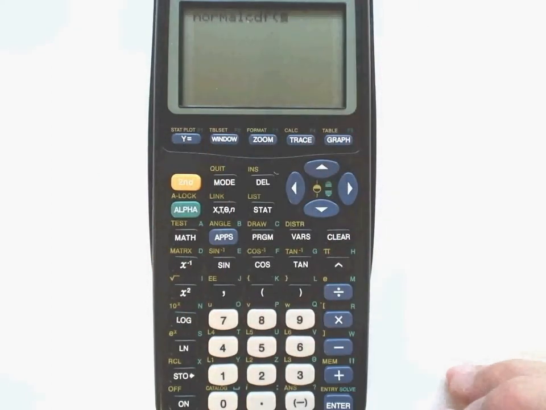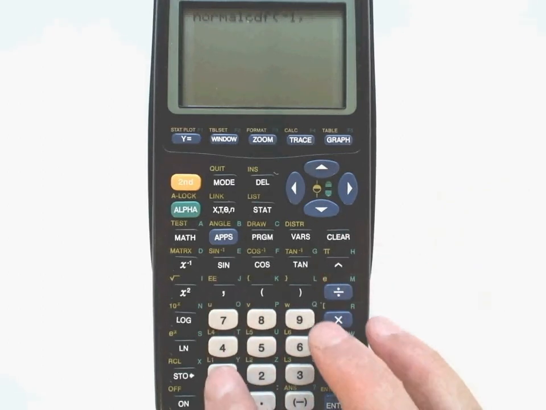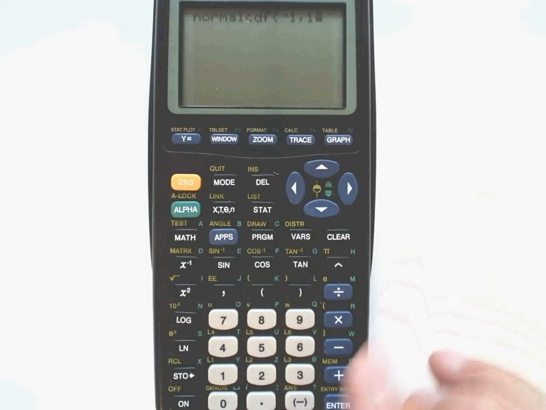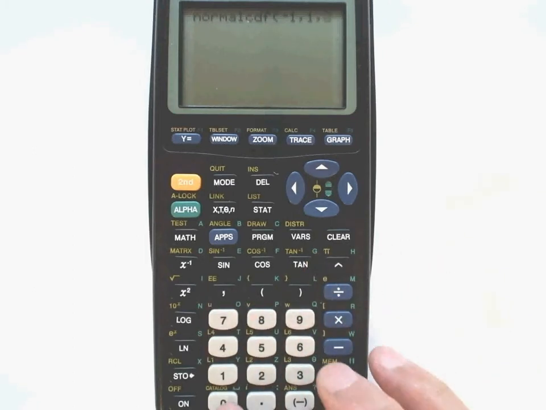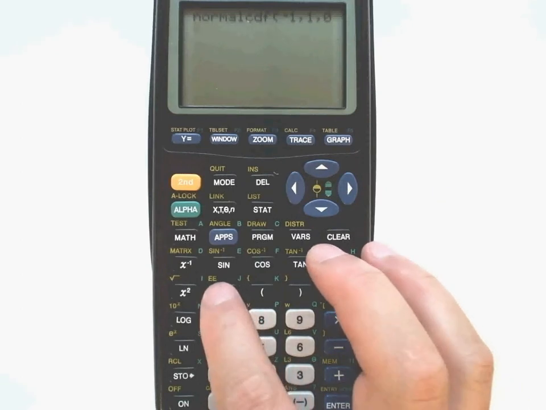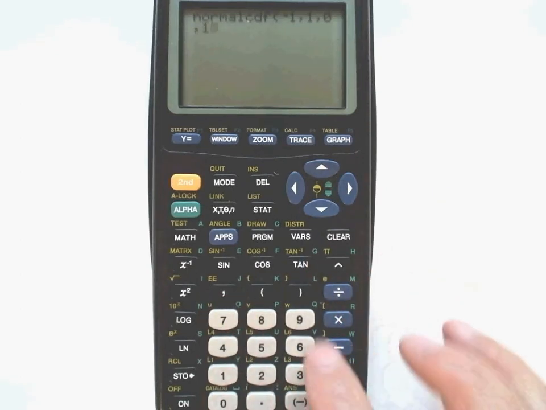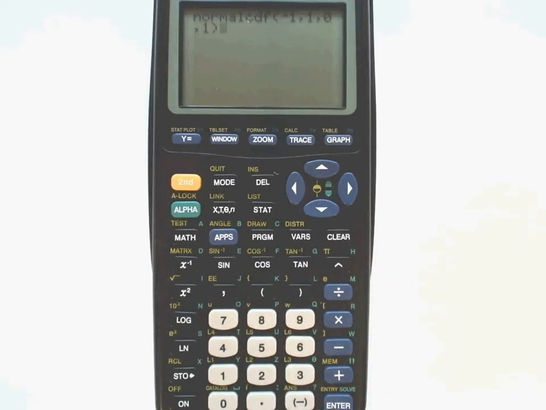The input is A to B, the interval from -1 to 1, and the distribution is standard normal, with mean mu 0 and standard deviation 1, then parentheses. Okay, I will show you the result.